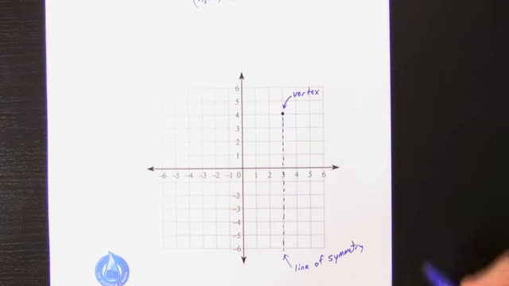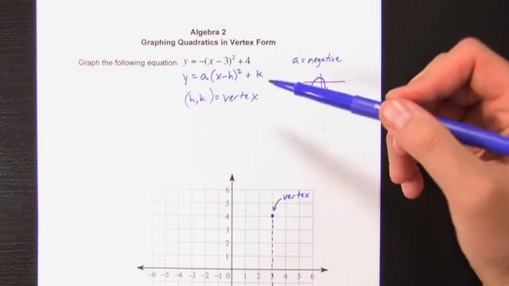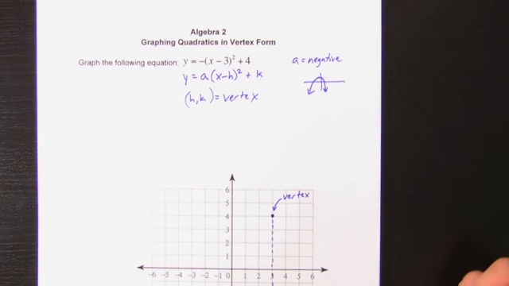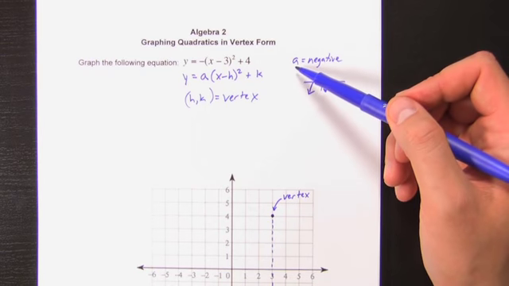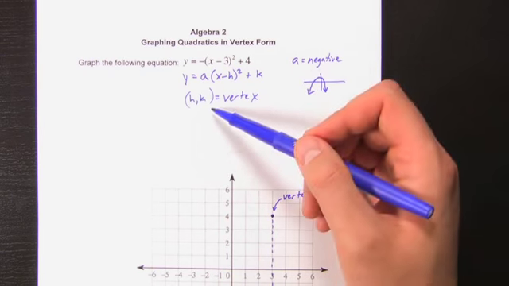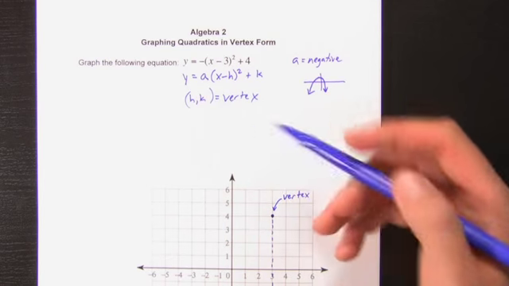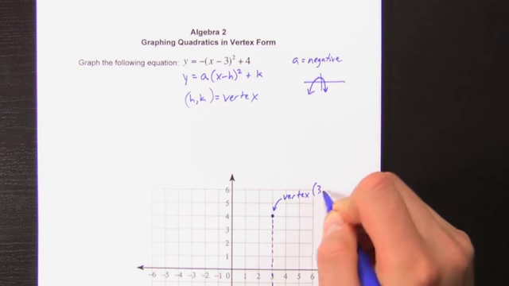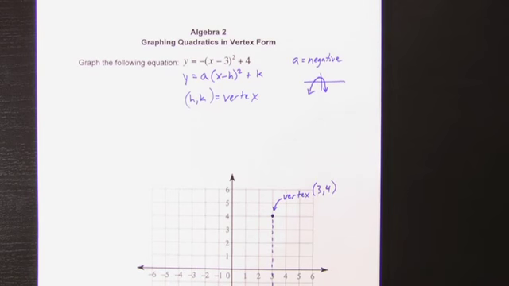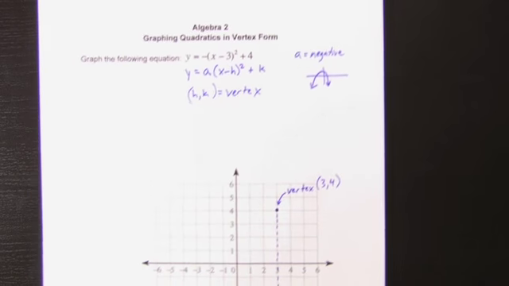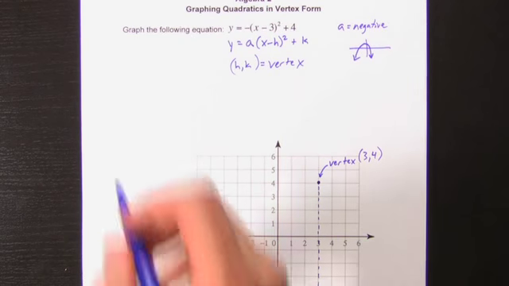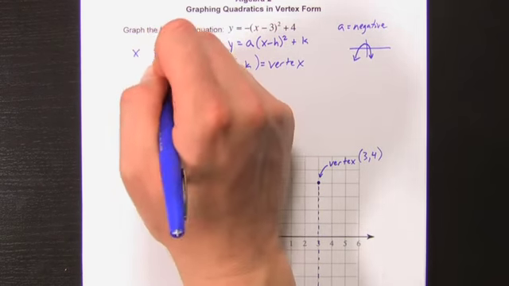By analyzing the equation up here at the top, what I've been able to figure out is that the parabola is going to point downward because the value of a is negative. And I know the vertex point is h comma k, which is right here, and that's the point 3 comma 4. So now what do I do to get the rest of the points? Well, to get the rest of the points, you've got to go the old-fashioned way and substitute in some values.